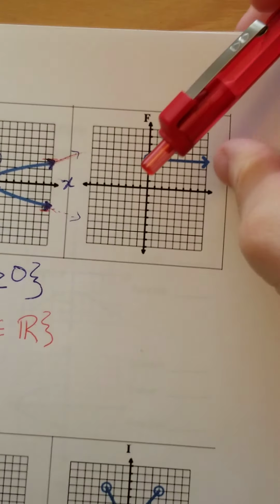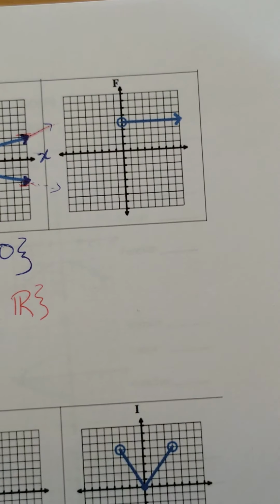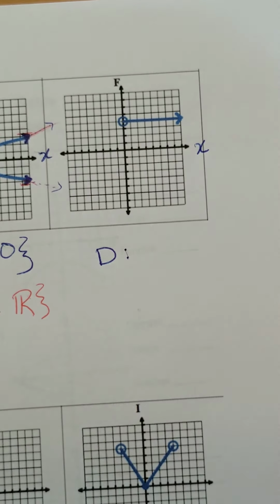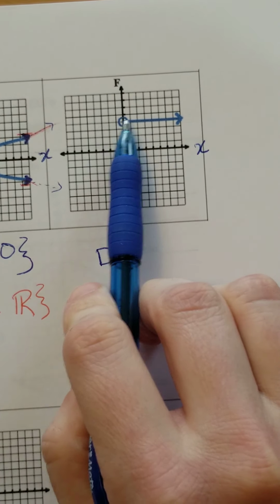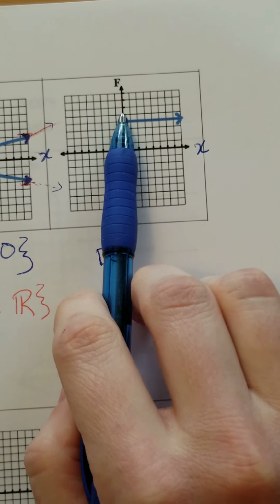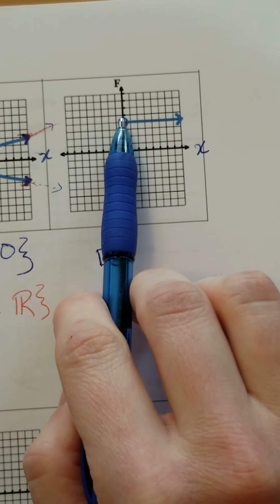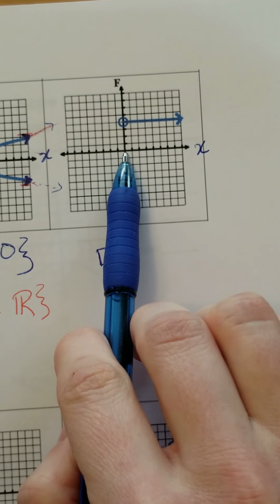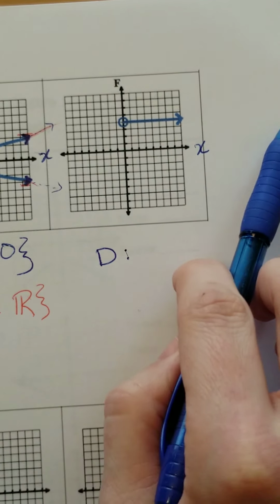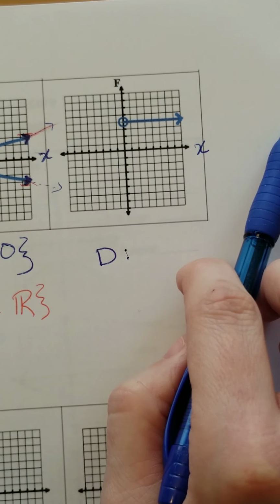Okay, this one here. X values, my domain. So x values is how far to the left, how far to the right. So I can see my farthest left point is right here. I don't go further left than that. And that is at the value of 0. But if we go to the right, again, because of that arrow, we don't know how far to the right it goes. It never stops technically.